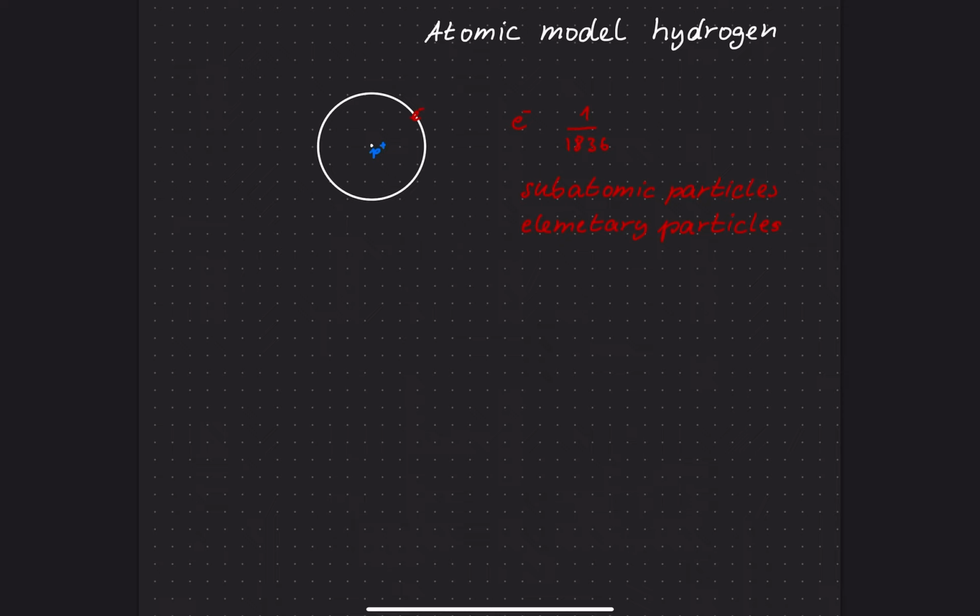And electrons carry one elementary charge of minus 1e. Protons carry a charge exactly opposite to that of an electron, which is plus 1e.